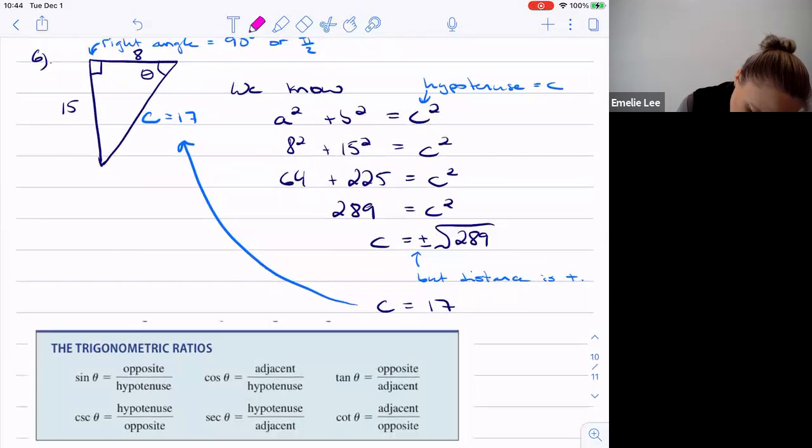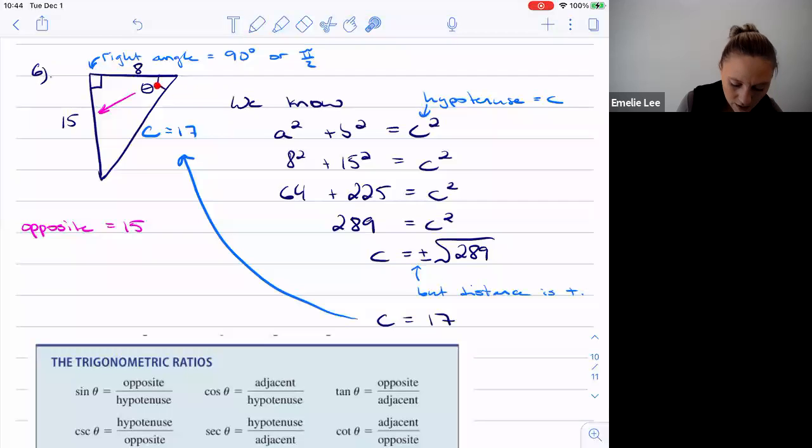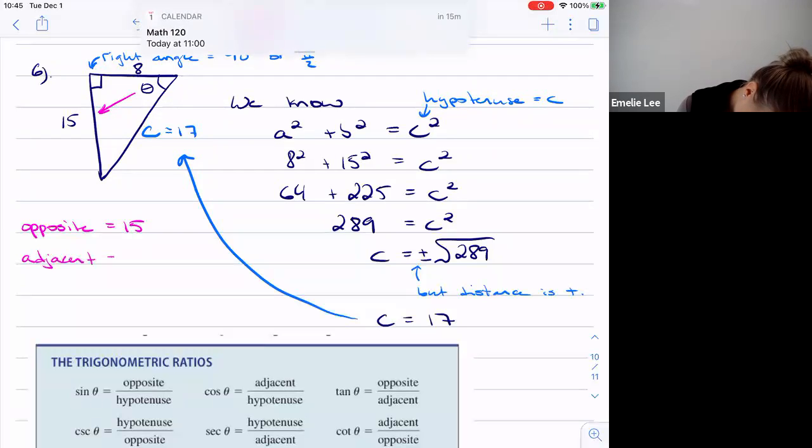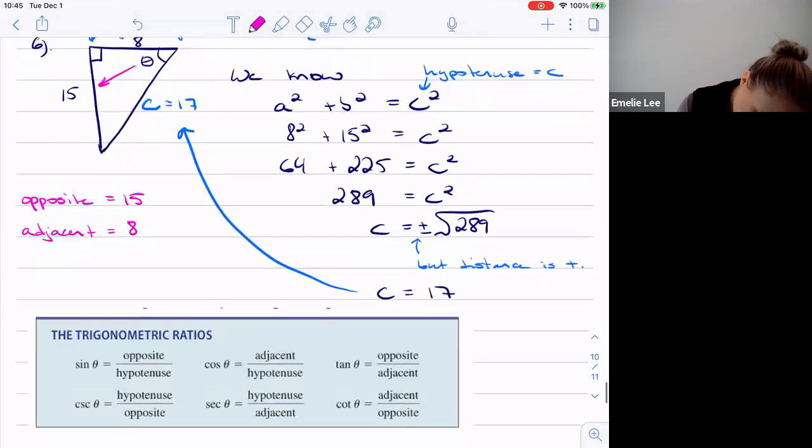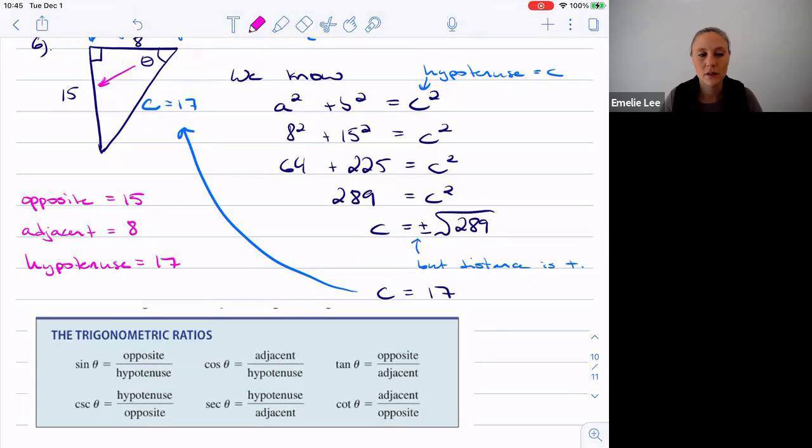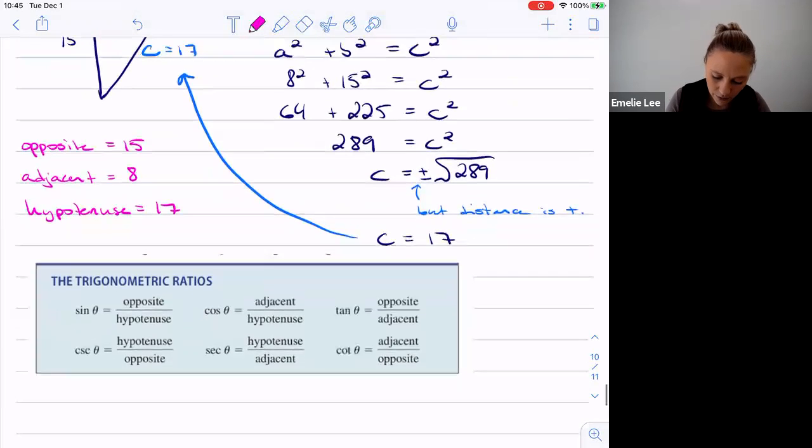From theta, my opposite is 15, the hypotenuse is 17, so my adjacent must be 8.